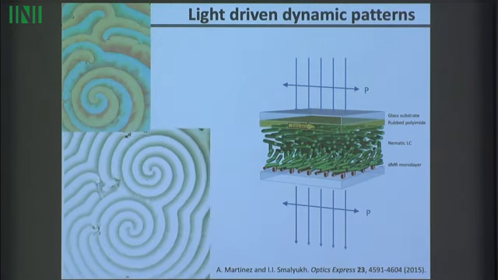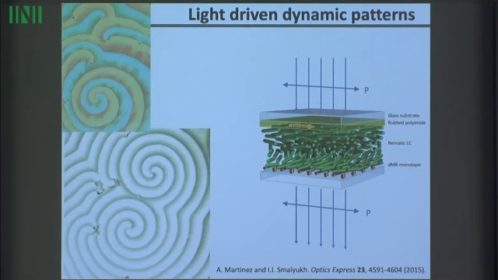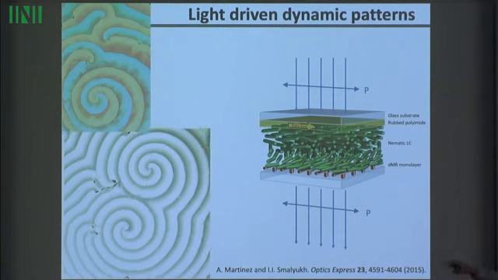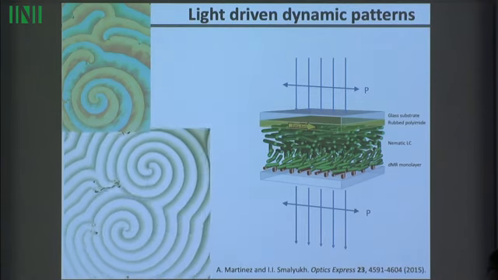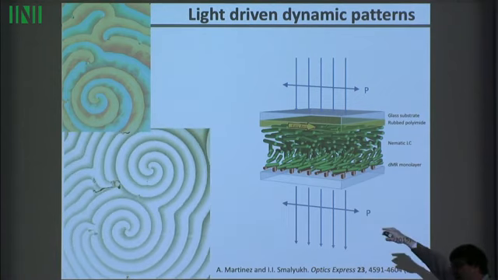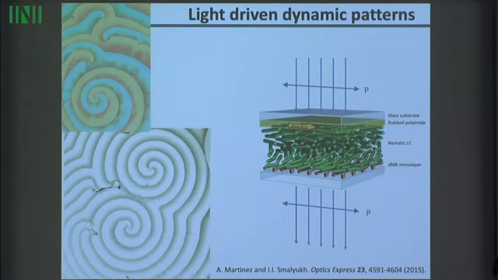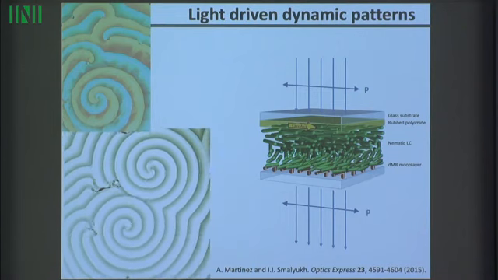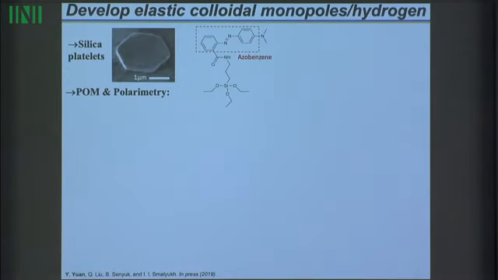But effectively, what we have is some effect of birefringent medium that causes coupling between polarization of light that passes through liquid crystal and the response of azobenzene monolayer, and that gives rise to these different beautiful pattern formations that at that time we could explain in more detail.